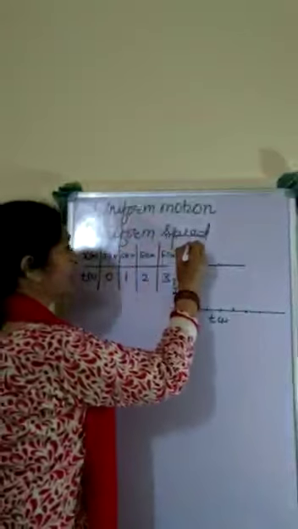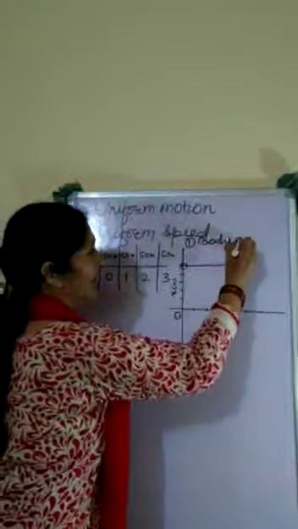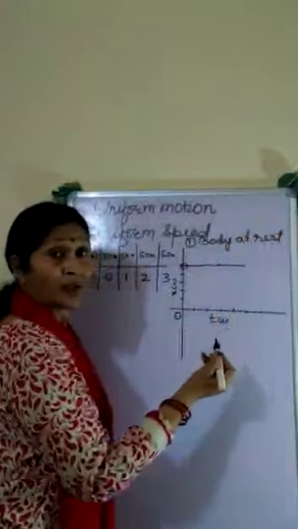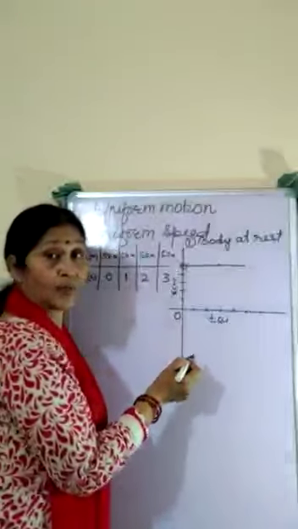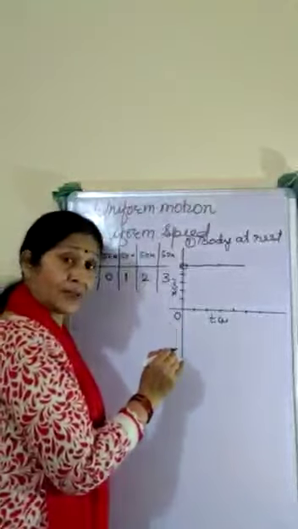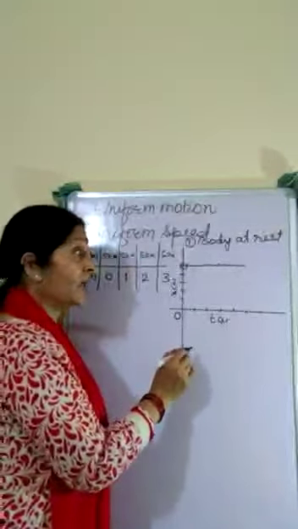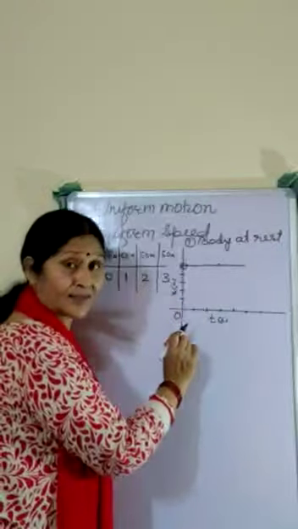First case, body at rest. Now what will we conclude from here? We will conclude that when the body is at rest, the graph plotted between distance traveled and time will be a straight line parallel to the time axis.